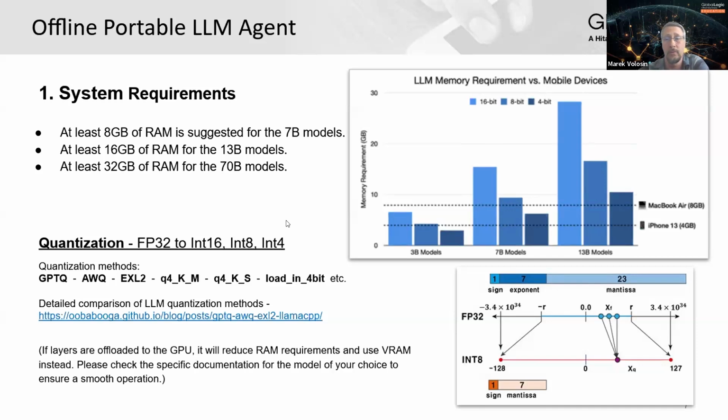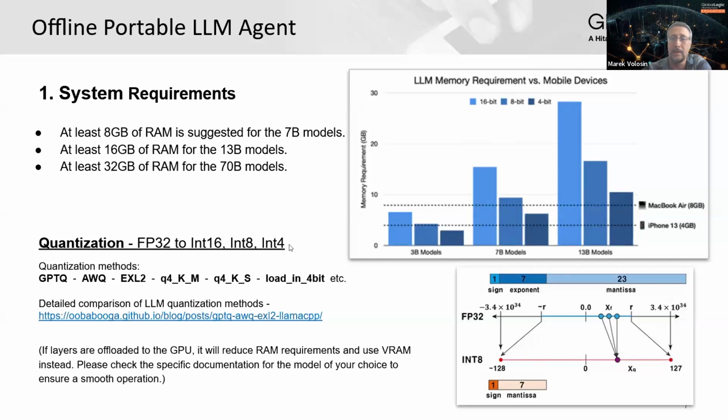And when you change those floating point numbers into integers, mainly the integers in computers are represented as 32 bits of memory for one integer, but we can use much smaller integers, for example 16-bit integers, or 8-bit integers, or 4-bit integers.